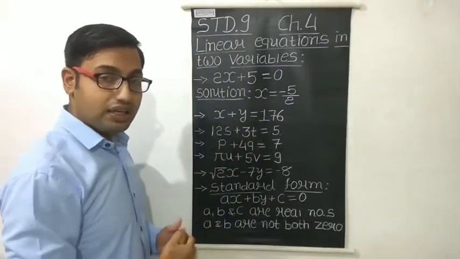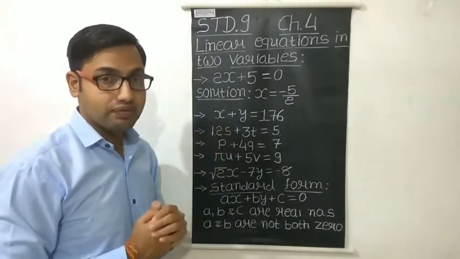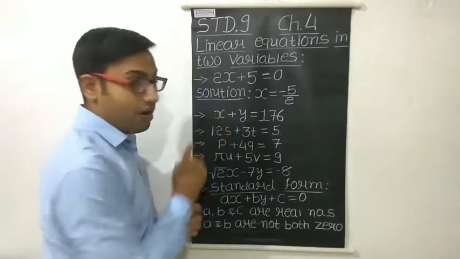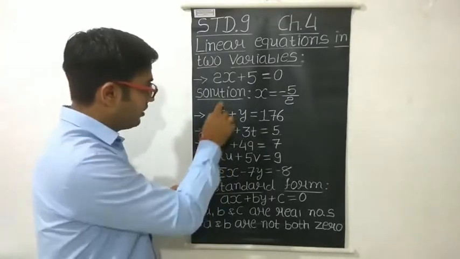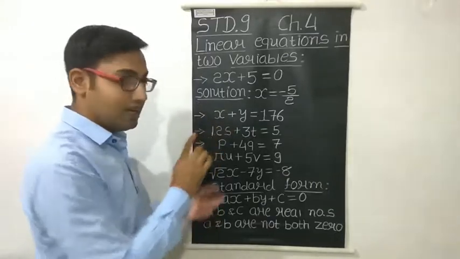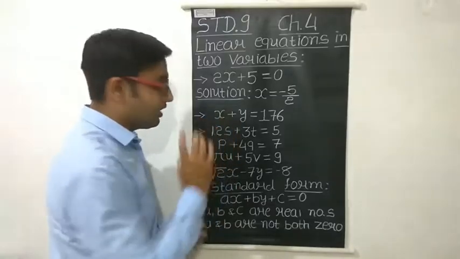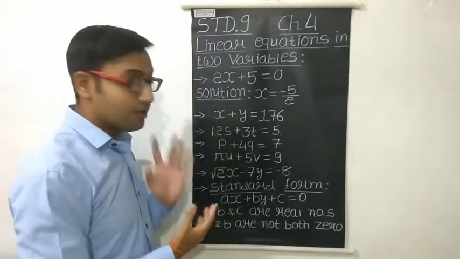And why is it called linear? Because the variable has only one power. See, x raised to power 1. Actually, we do not write the 1 here, because whenever there is nothing written, it is considered that power one is there. The y variable also has only one power.